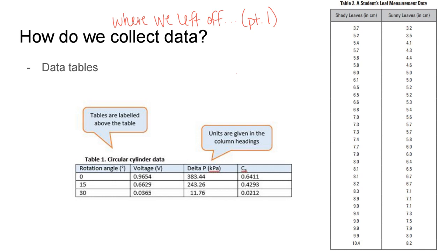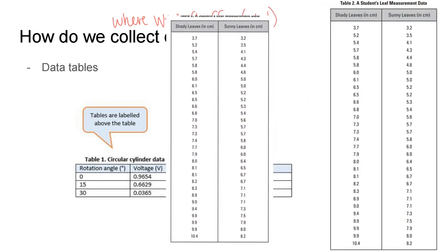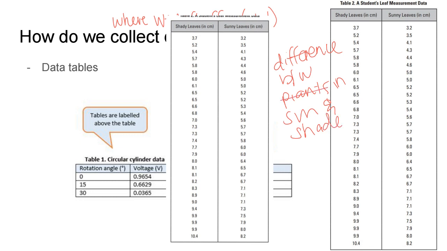The experiment that we're going to focus on for this part is this experiment, and our scientific question, remember, was, let me write it for you: the difference between plants in sun and shade. And not just the difference in plants, but the difference in leaf size. Let me give you this experiment.